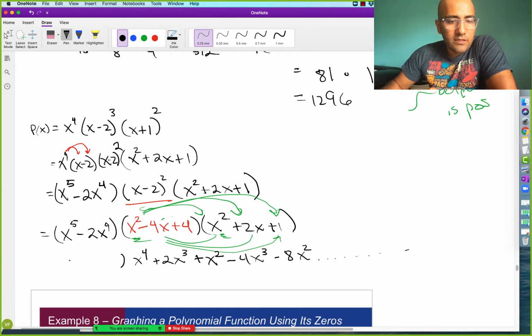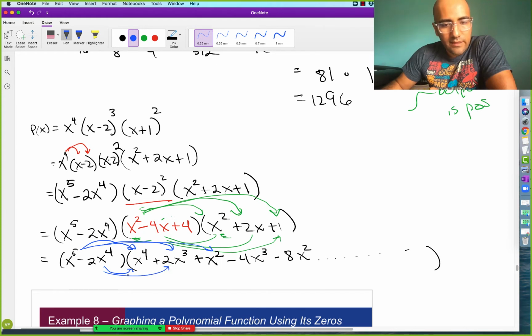All of that still needs to be multiplied by this x to the 5th minus 2x to the 4th power. So when I FOIL this guy out, again, I'll have to multiply this times this, and this times that, and this times that over there. And then later this times this, and this times that, and so on.